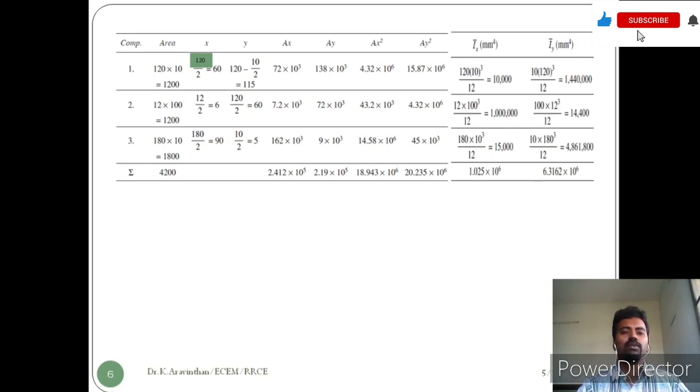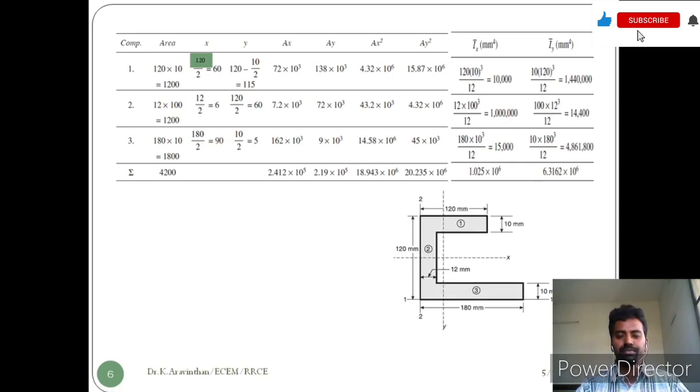Before identifying the moment of inertia, we should find the centroid of this section. For identifying the centroid, you know that you need the summation of area into y divided by summation of A, and to find x bar you need summation of Ax divided by summation of A. So first we will identify the area. Area of the first component is 120 into 10, and the second component is 12 into the elemental distance.